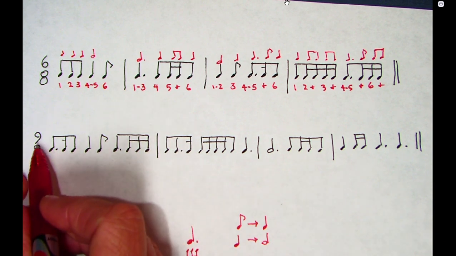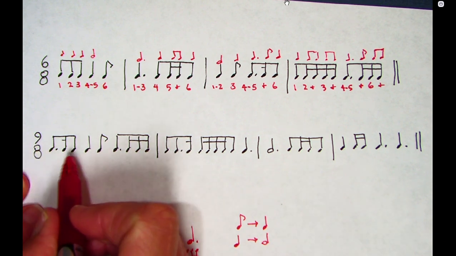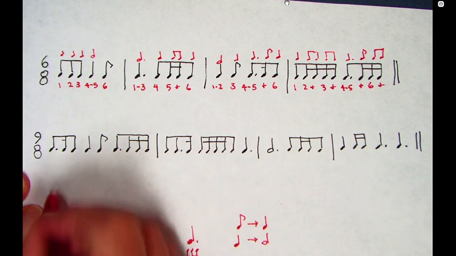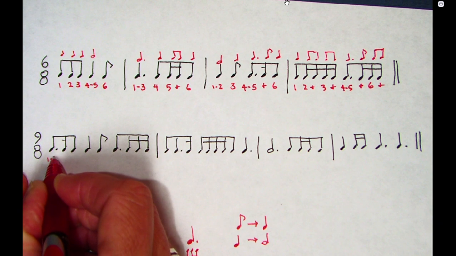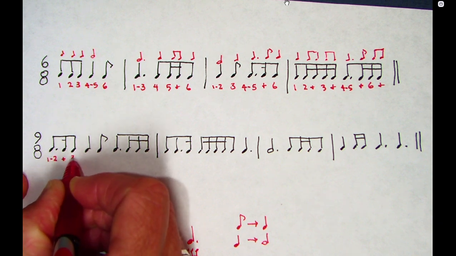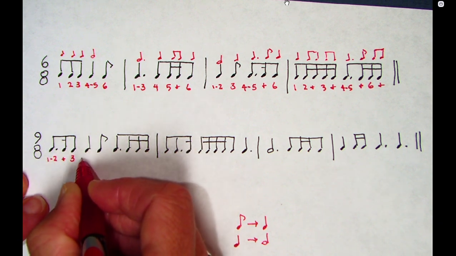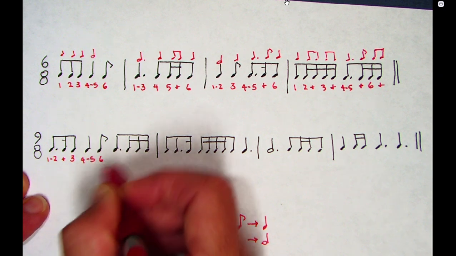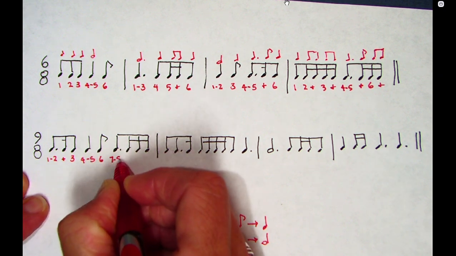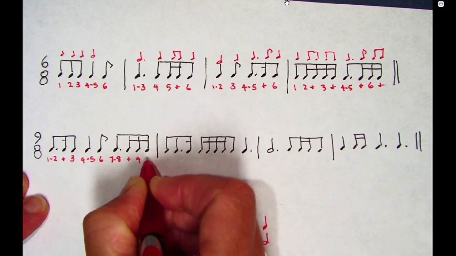All right, and now the only thing that's changed for me is there's a 9 in the top, so there's going to be 9 beats in each measure. So I will do this a little quicker. This would be 1 through 2 and 3. Quarter is like a half, it's 2 beats. 4 through 5, 6, 7 through 8, and 9, and.